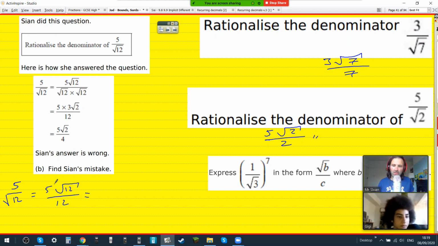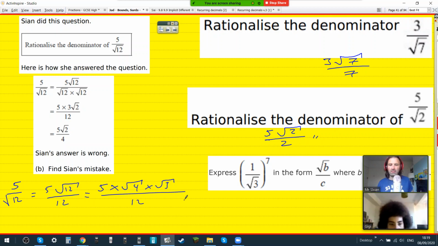So just how would you simplify root 12? 5 divided by root 12 would be root 3, root 4. Yeah. It'd be 10 root 3 over 12.